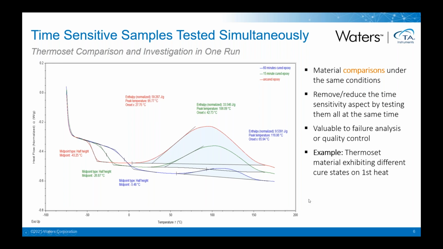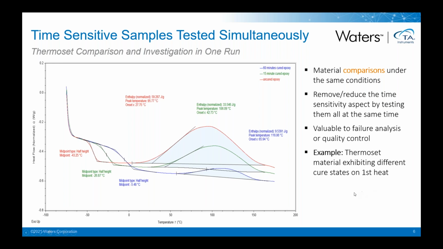So certainly where a material might have some sort of time sensitivity, or an environmental sensitivity, being able to take 3 samples at one particular time, prepare them at the same time, and put them into a DSC at the same time gives you a lot of confidence that any variation I see in that material is directly associated with a change in composition or a mismatch in the cure schedule.